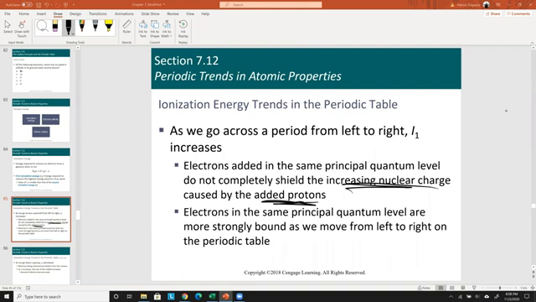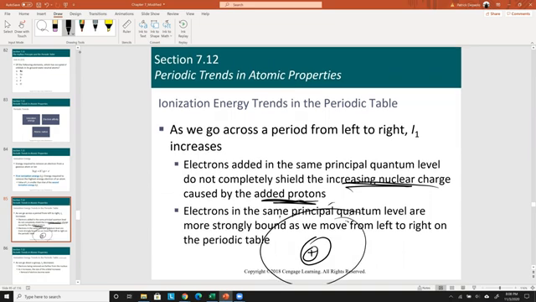All right, I'll explain it again. Nucleus, positive charge. Electrons around, you have a bunch of them. I'm going to go from left to right in the periodic table. Add another proton, add another proton, add another proton. And also I'm going to add electrons. But what it does is it draws all of the electrons in closer.